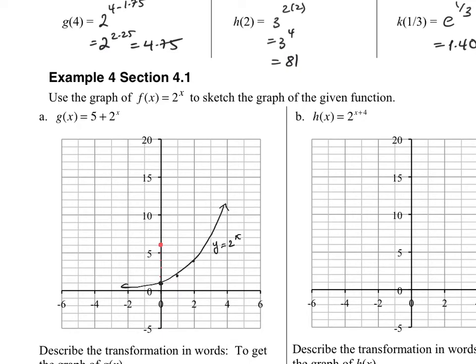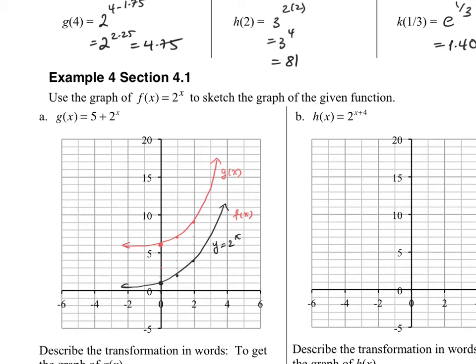So it will be here, and then 1, 2, 3, 4, 5. So just move everything 5 units up, and this will be the new graph. This is not new. We did this before. So this will be g of x, and it will be f of x.